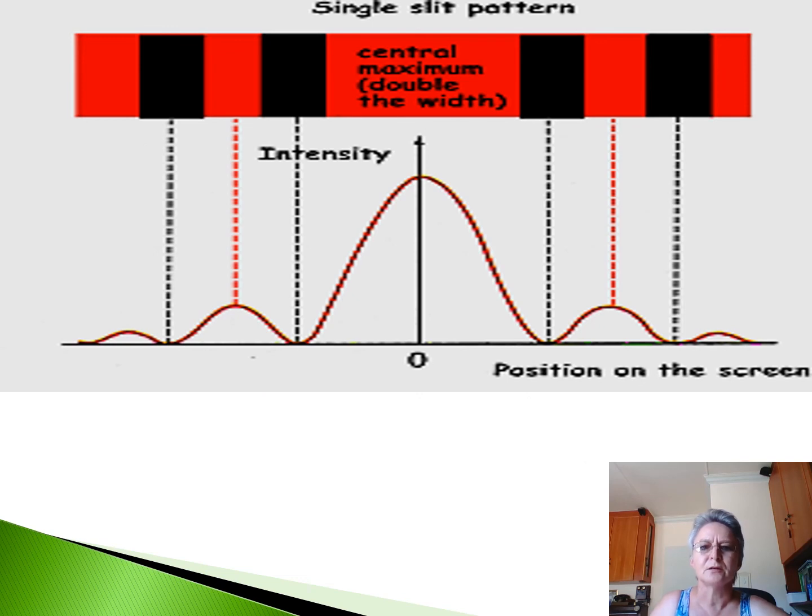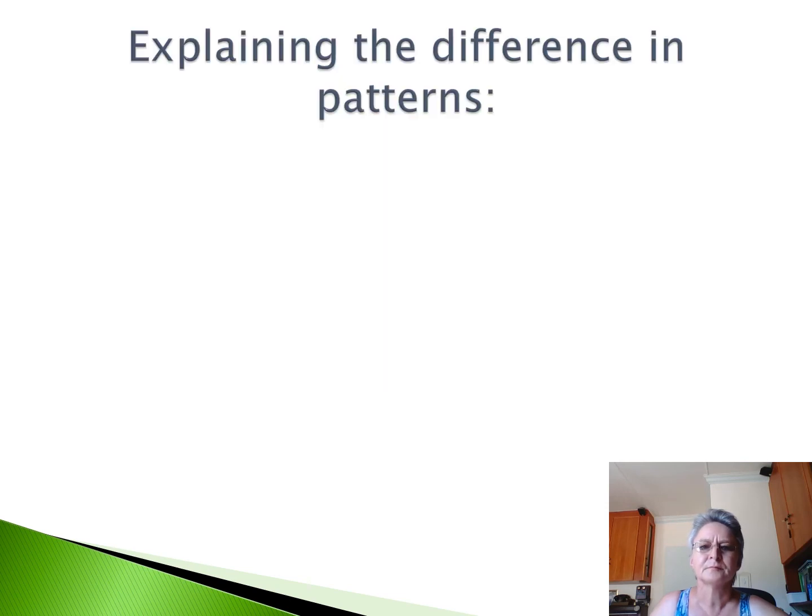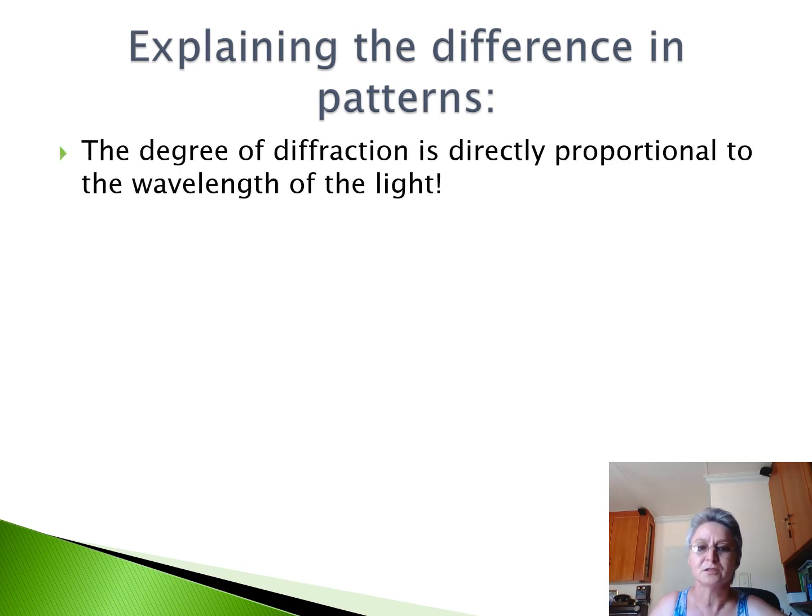Here is another slide that explains exactly the same thing. You must be able to describe a diffraction pattern as well as to explain the difference between the diffraction patterns. So the degree of diffraction is directly proportional to the wavelength of the light.